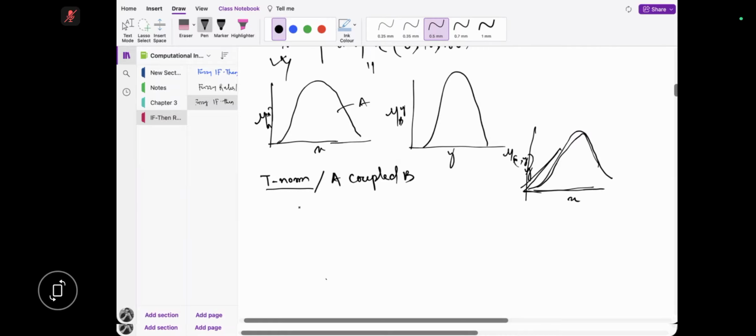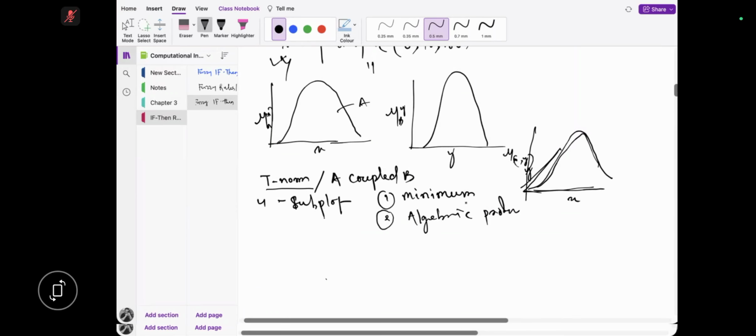A coupled with B means I have to draw four graphs, four subplots you can say. I have to draw one for each T norm. First one is minimum, simple minimum. Second one is algebraic product.